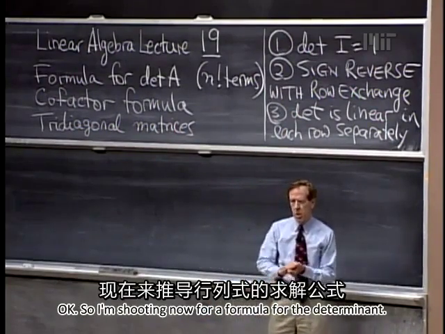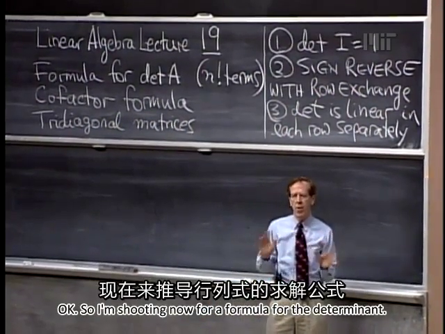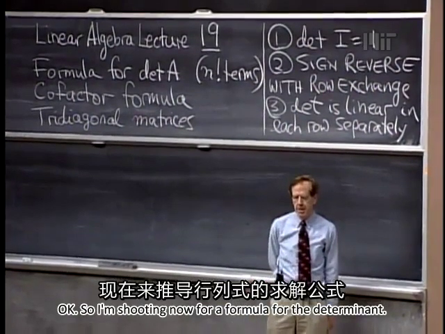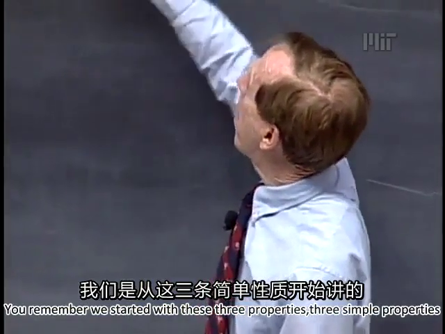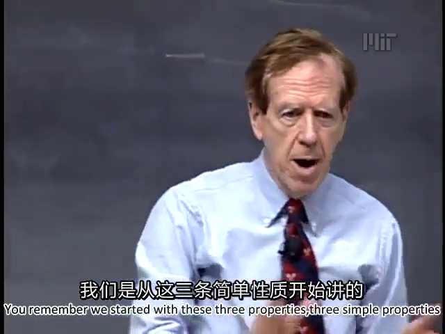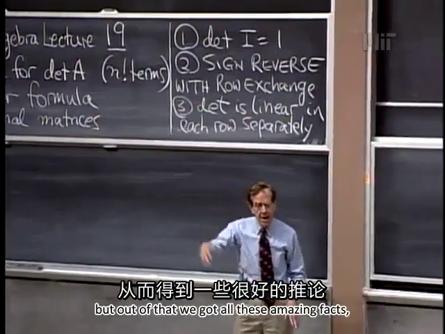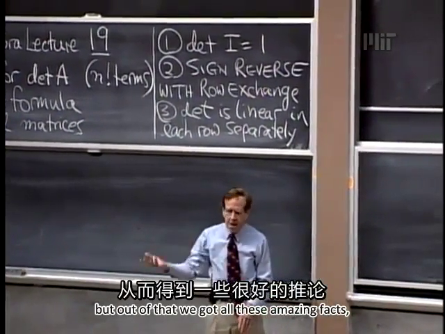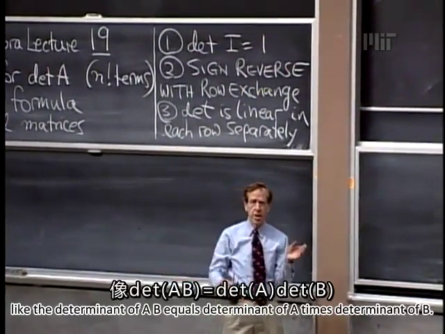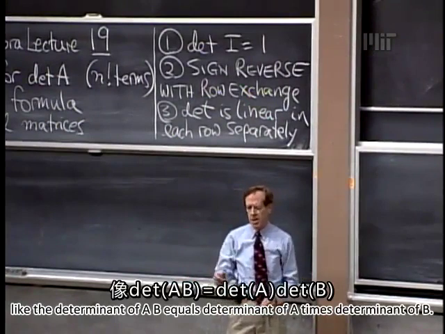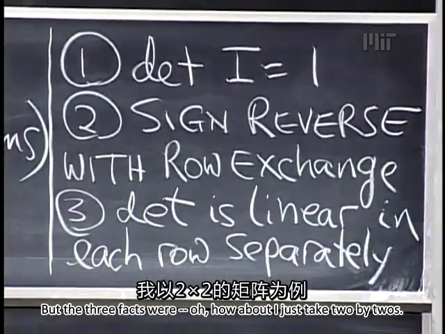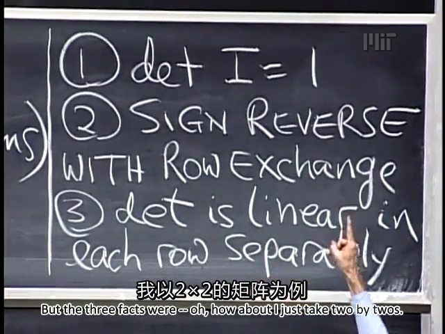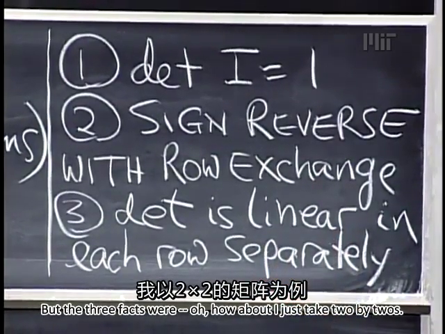Okay, so I'm shooting now for a formula for the determinant. You remember we started with three simple properties, but out of that we got all these amazing facts, like the determinant of AB equals the determinant of A times the determinant of B. How about I just take 2 by 2s?